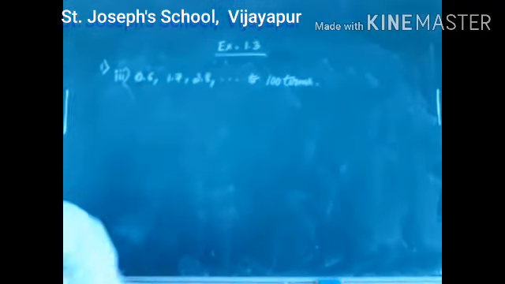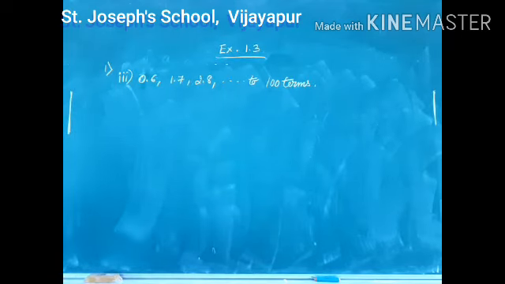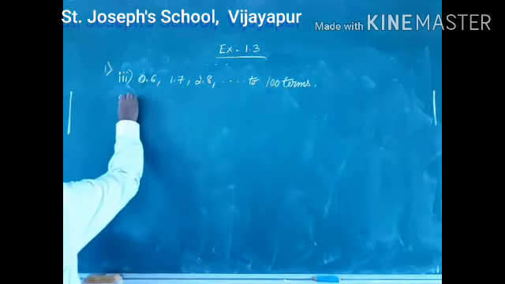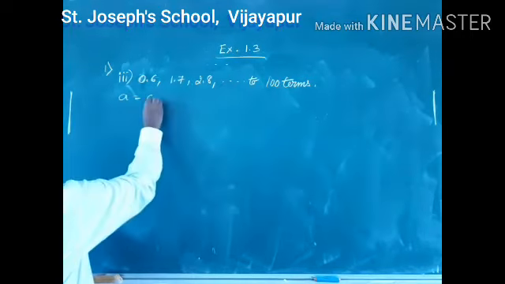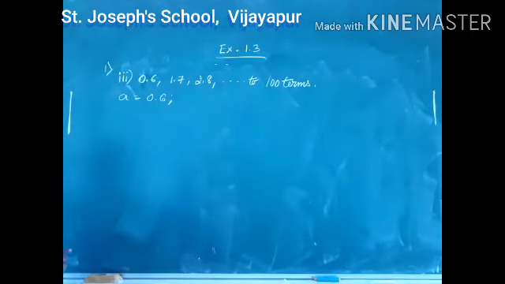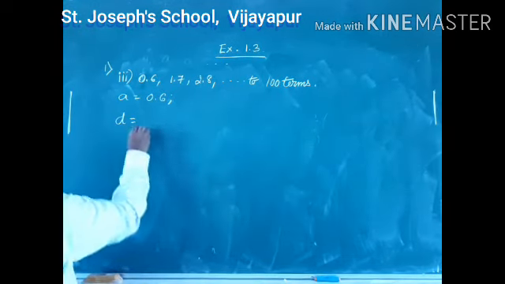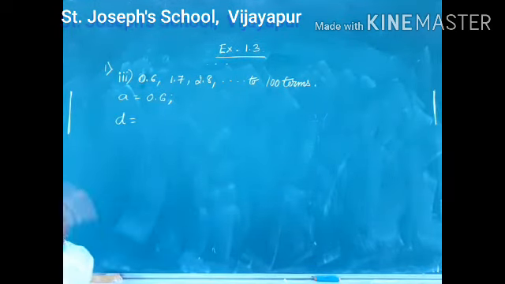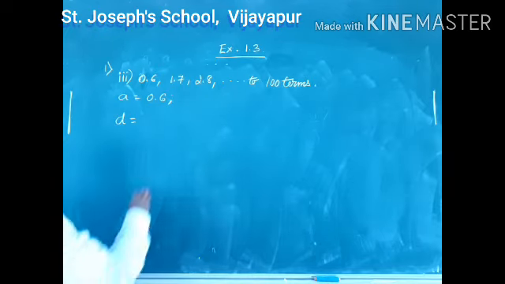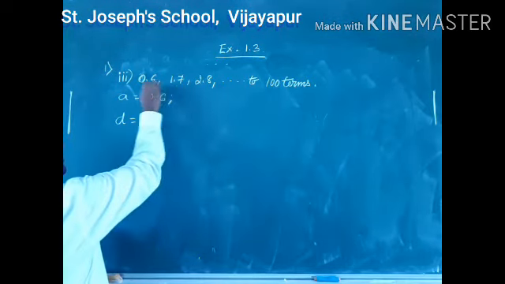So let us note down what all things we are given here as data. First term a is 0.6. Then we find the difference. The difference is given by the difference of any two consecutive numbers in an arithmetic progression. Here we will take a2 minus a1.